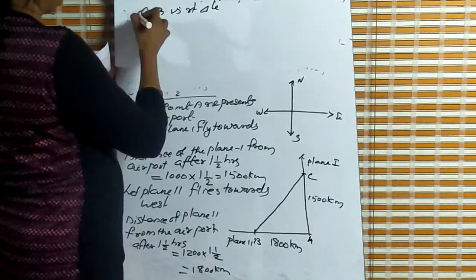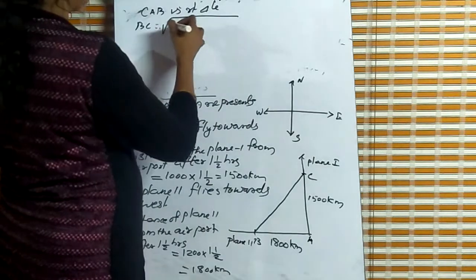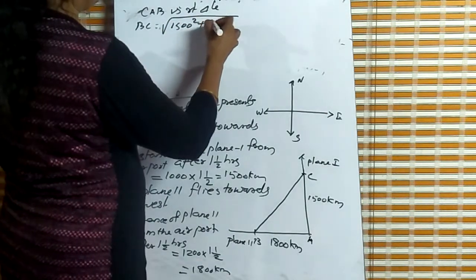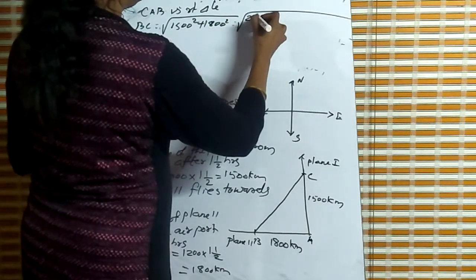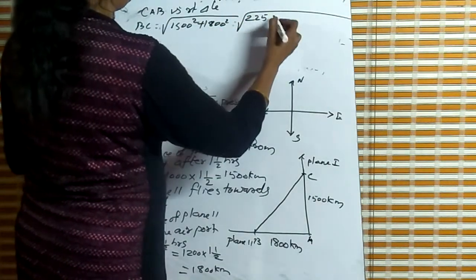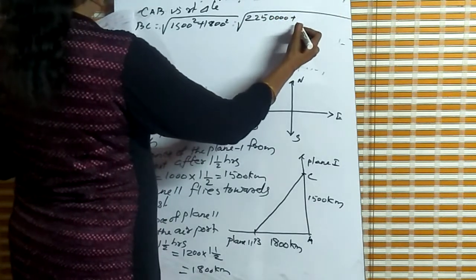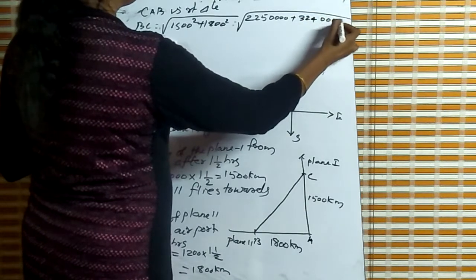So BC is equal to square root of 1500 square plus 1800 square, equals 225 and 4 zeros plus 324 and 4 zeros.